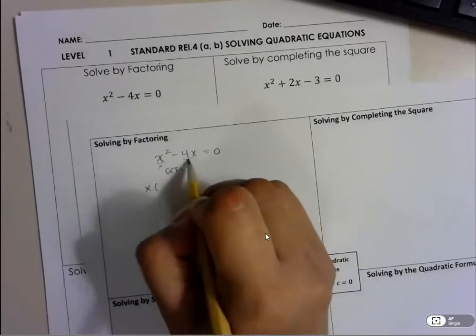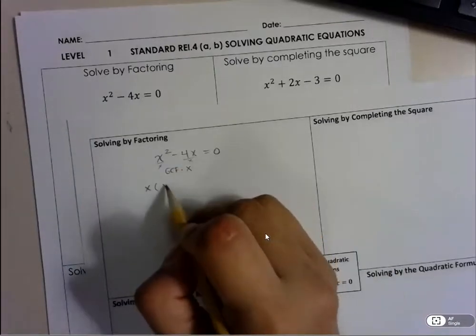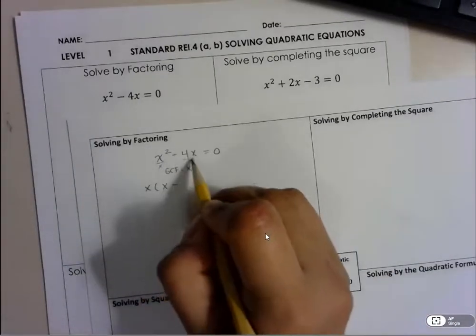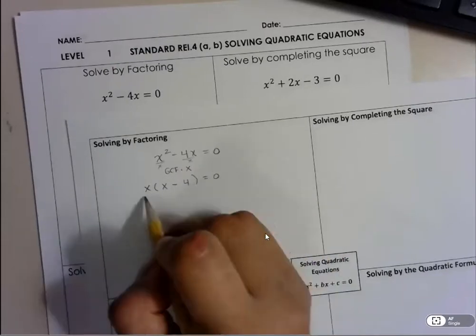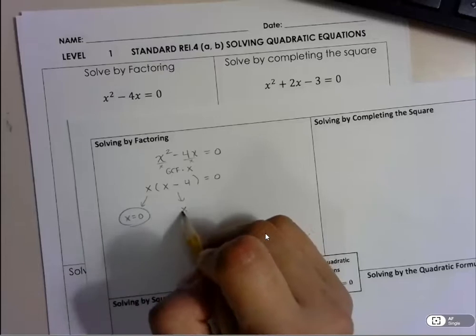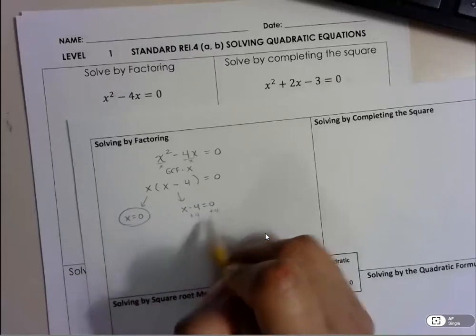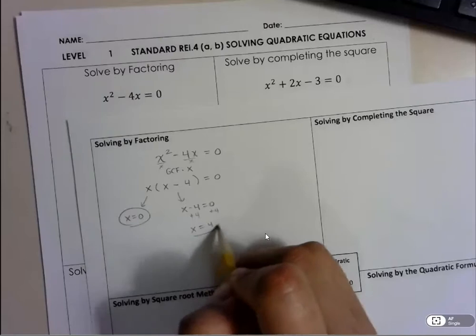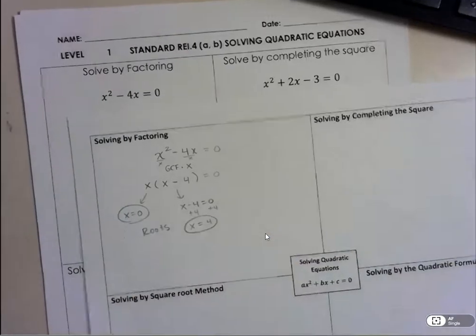So I'm going to think of these as I'm dividing by x. X squared over x is just x, minus the x's cancel here, so minus 4. And so I'm just going to take each of these and set them equal to 0. There you go. These are the roots. So you have solved by factoring.